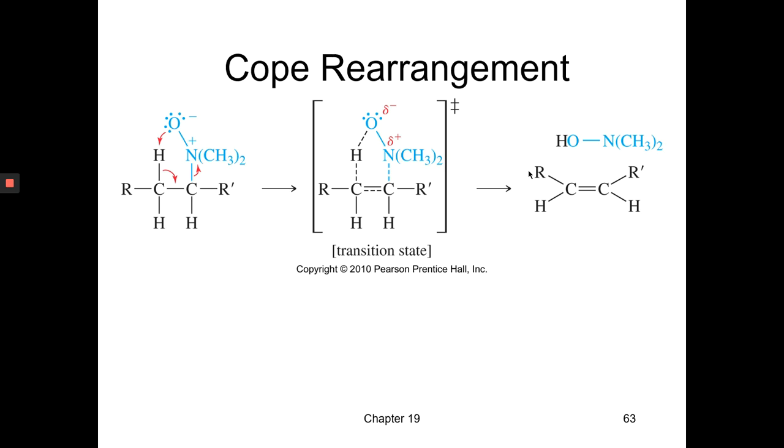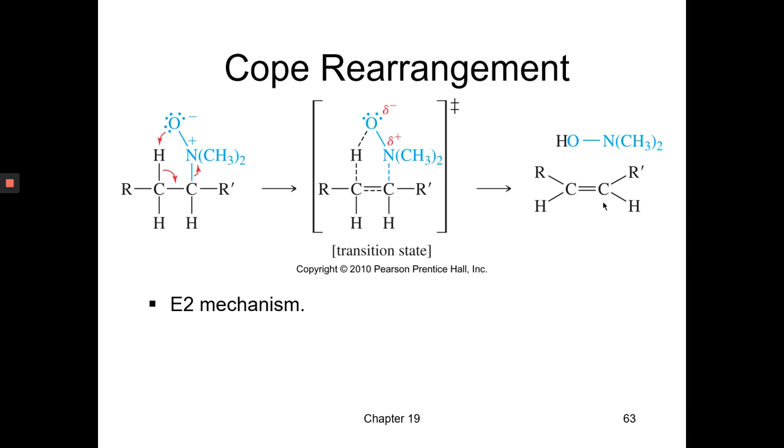One of the reasons for preparing an amine N oxide is to do the Cope rearrangement, also called the Cope elimination. Okay, this is an E2 elimination where the negatively charged oxygen removes a proton, we form the double bond, and then in this example, dimethyl hydroxylamine is eliminated, and we get our alkene.